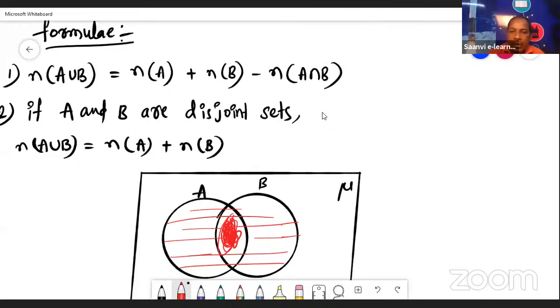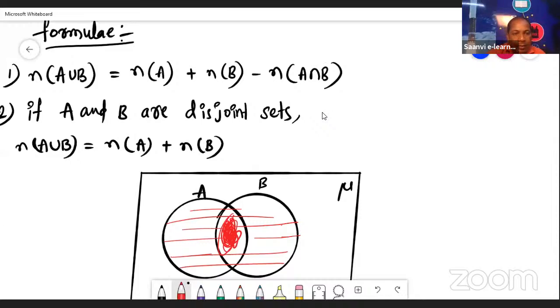If we delete this area, then n of A union B is equal to n of A plus n of B minus n of A intersection B. This is the n of A intersection B area, and we have to remove it. That's why n of A union B is equal to n of A plus n of B minus n of A intersection B. Right?